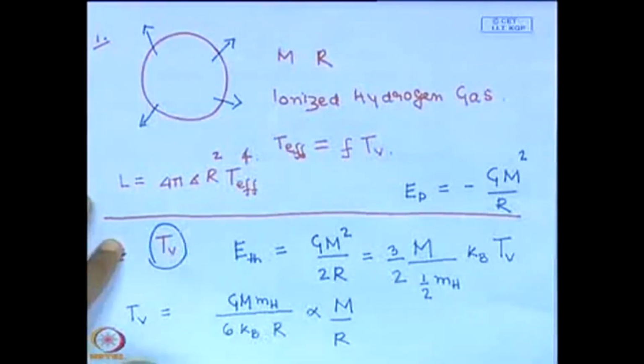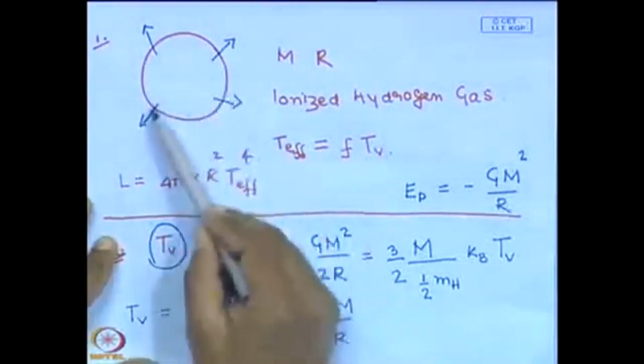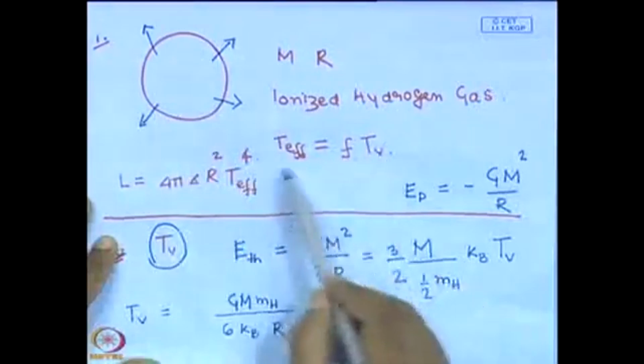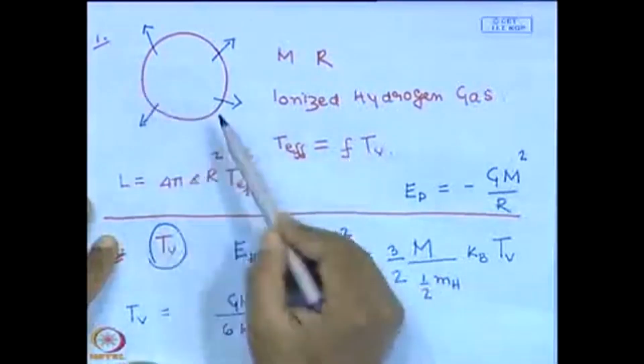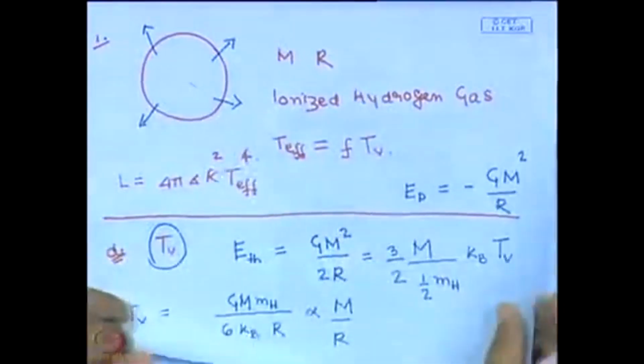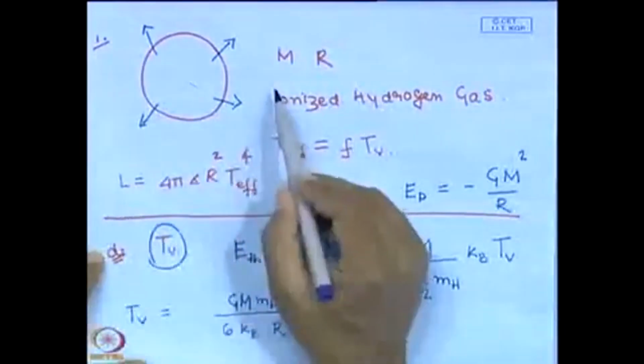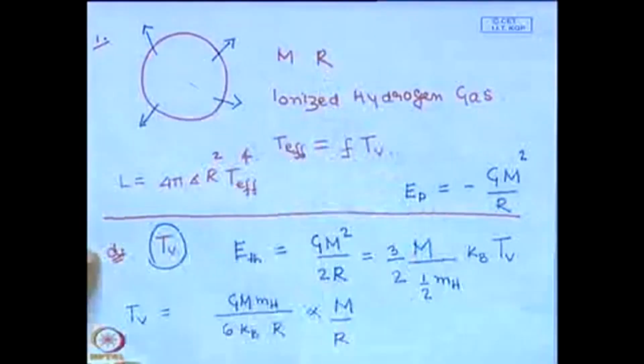Okay. In principle, if it is optically thick and the temperature is the same throughout, then it will be exactly equal to the virial temperature, but it may not be exactly optically thick. Okay. So, let us just use this and see how the luminosity depends on the mass of the object and the radius for such an object. Okay.